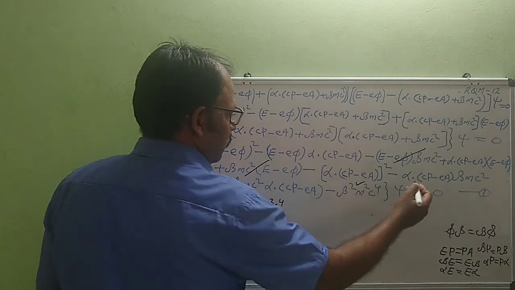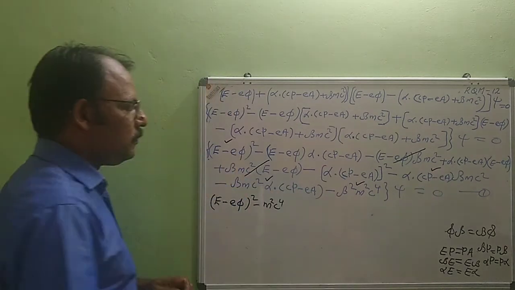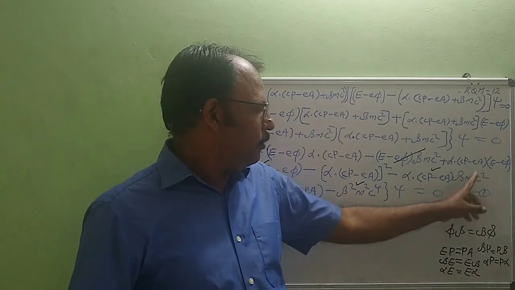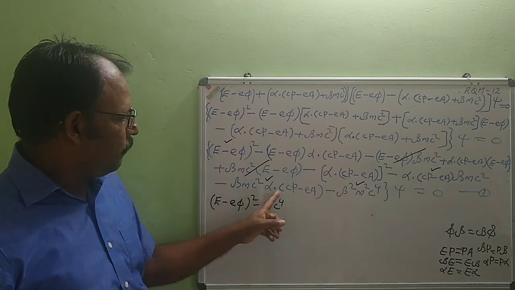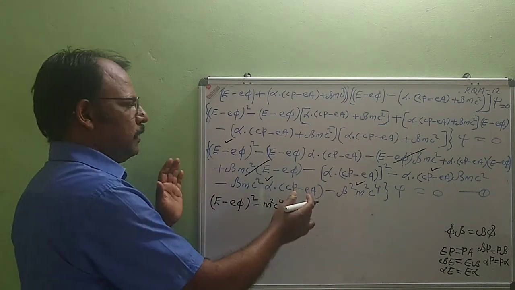Now consider this term, this one and this one. This is minus alpha dot (Cp minus Ea) into beta m c square. This is minus beta m c square alpha dot (Cp minus Ea). m c square is constant, so we can take it out.